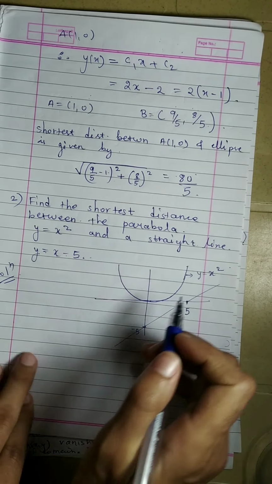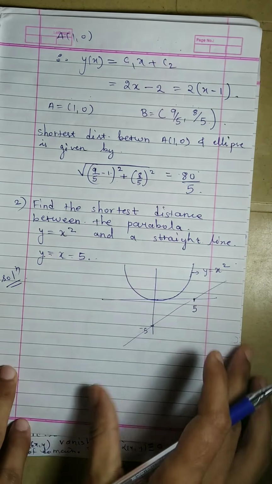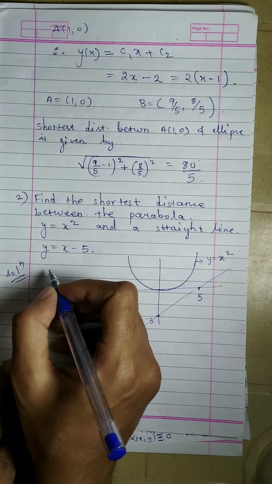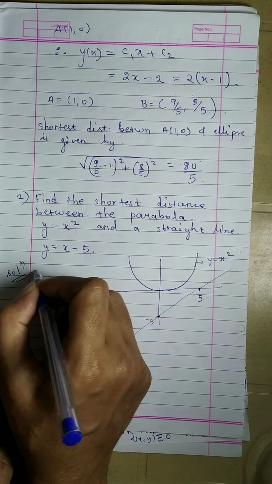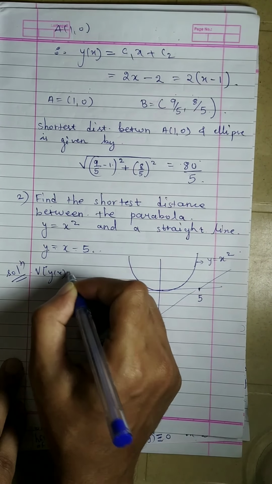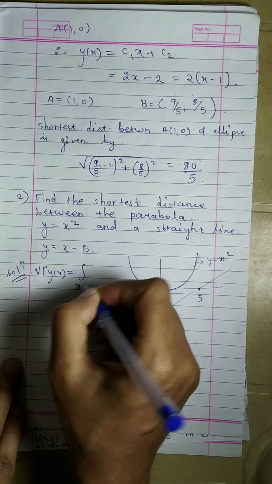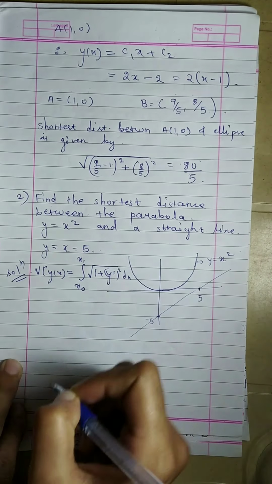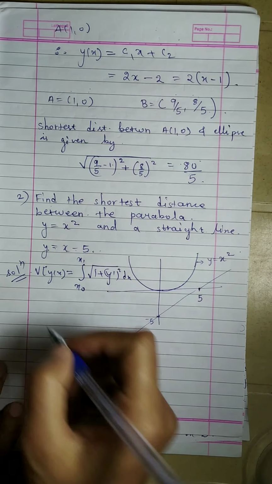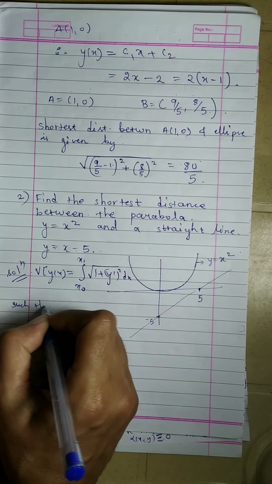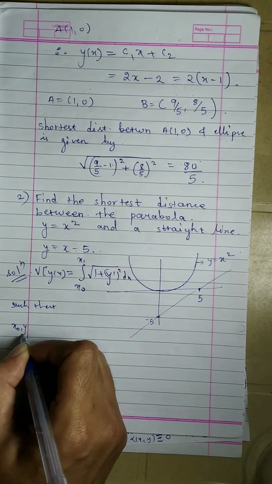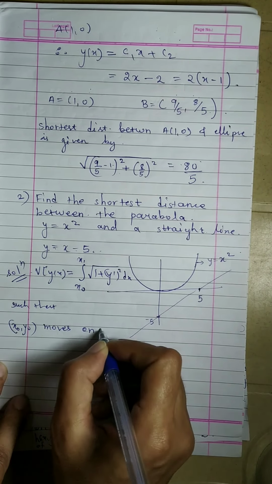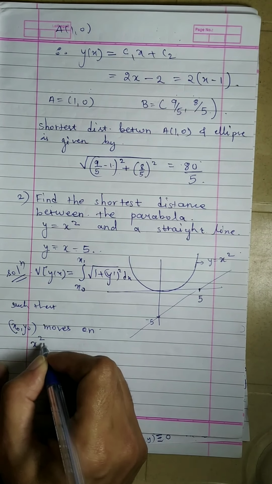So the functional is V of y of x equal to the integral from x0 to x1 of root of 1 plus y dash square dx, such that the point x0 y0 moves on x square equal to y.